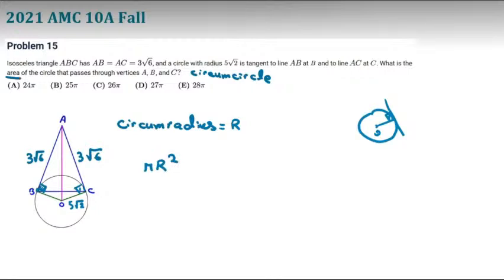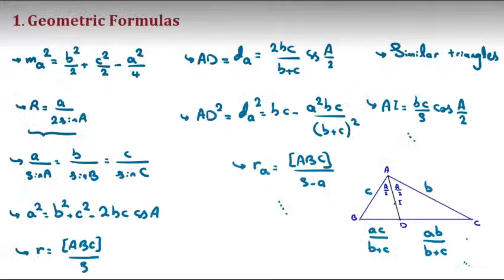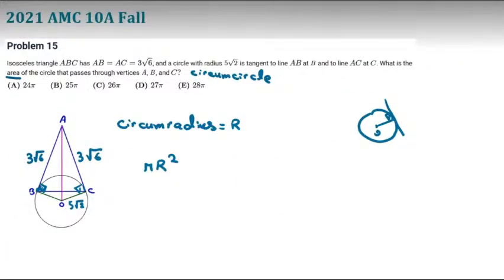The formula of r was what here? R is a over 2 sine A. So if I use it here, r is a over 2 sine A, or for example, you can say b over 2 sine B. Sorry, 2 sine A, let me correct. A over 2 sine A equal to b over 2 sine B. So let's see here, we can find which of them.